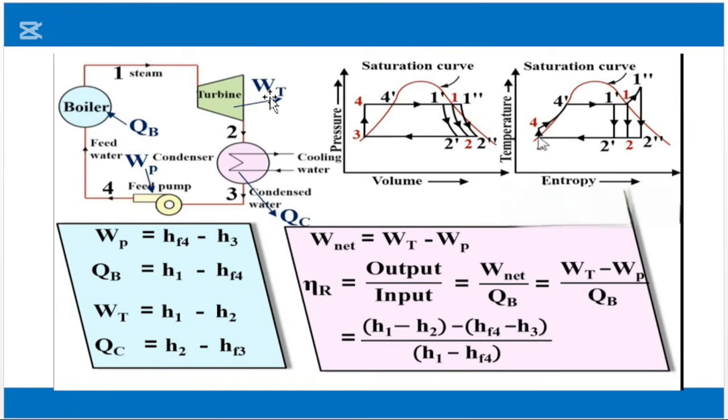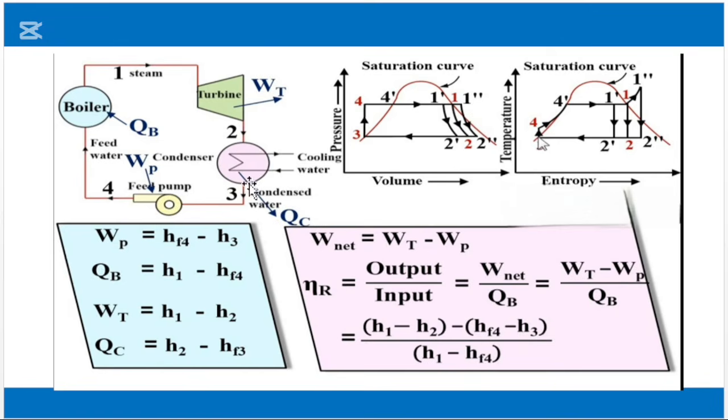Then WT. In WT, it is the enthalpy difference between number 1 and number 2. After the work done, the enthalpy is less here, but before the work done there is a maximum enthalpy here. So therefore, it is the enthalpy difference H1 minus H2. And finally, we are coming to the QC, that is heat rejected by the condenser.